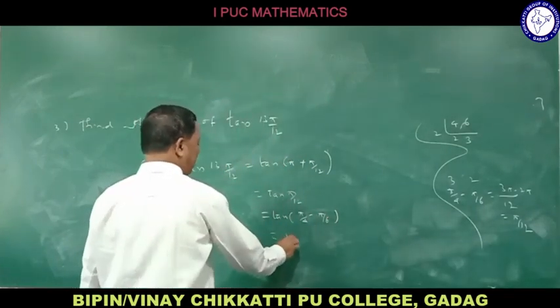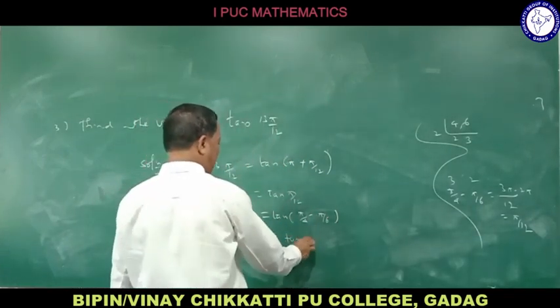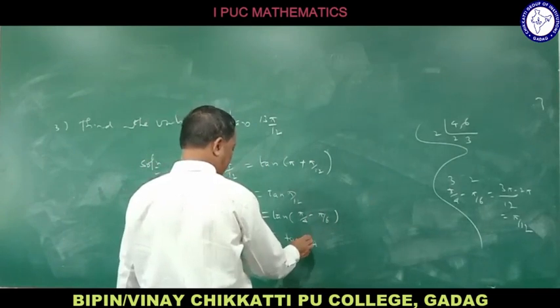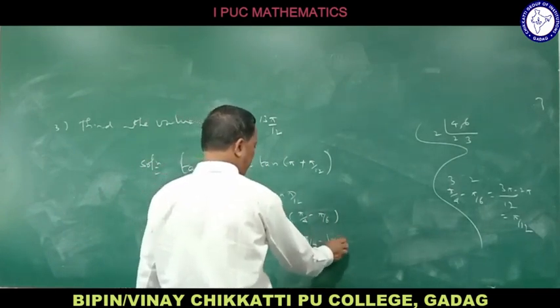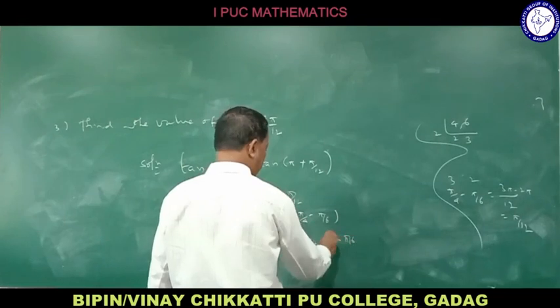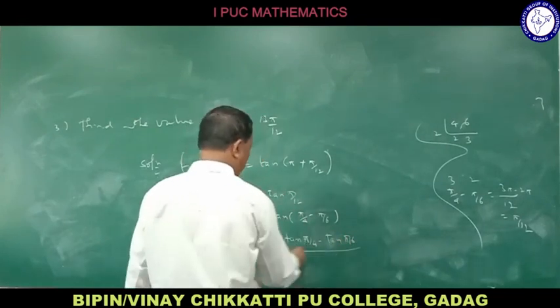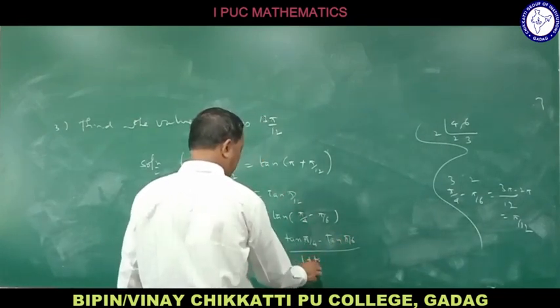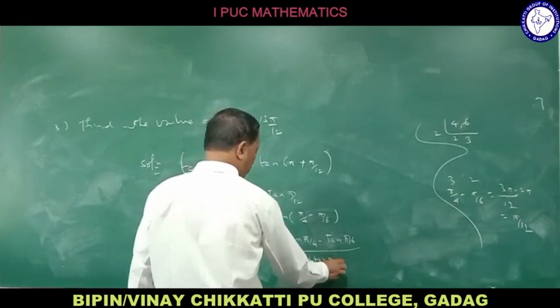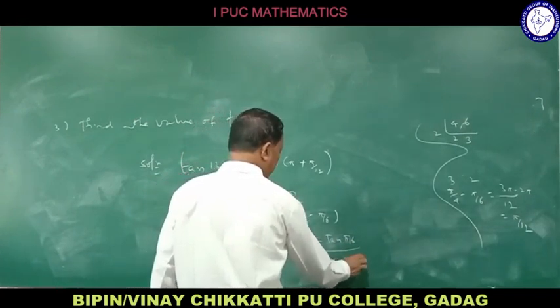So this is the way now: tan of a minus b you have to write as tan a minus tan b, tan x minus tan y, divided by 1 plus tan pi by 4 tan pi by 6.